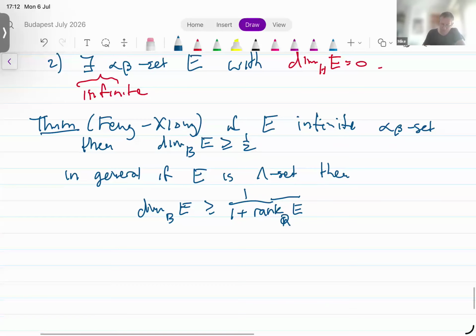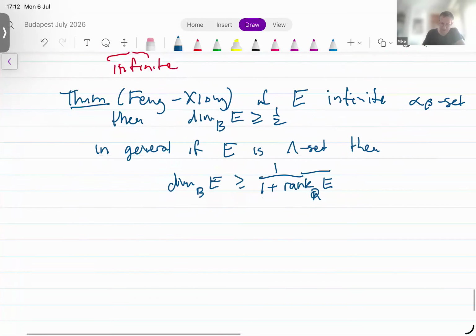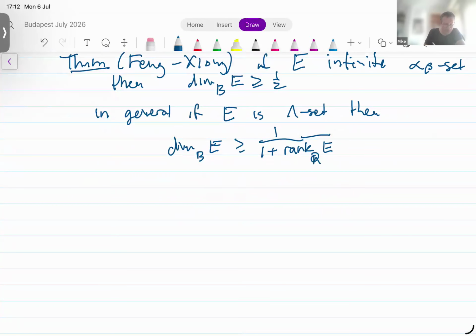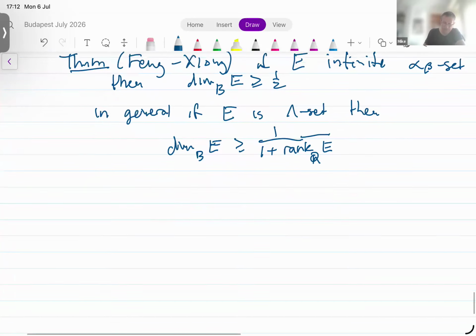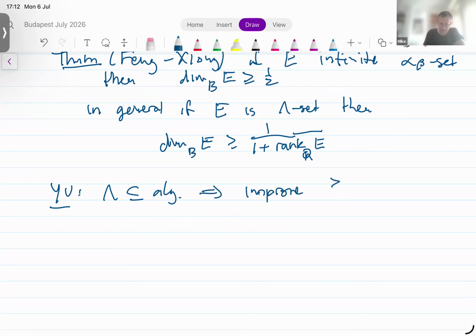And this was improved by a number of people in several ways. Han Yu proved that when lambda is a set of algebraic numbers, then you can improve the lower bound to 1 over the Q rank.